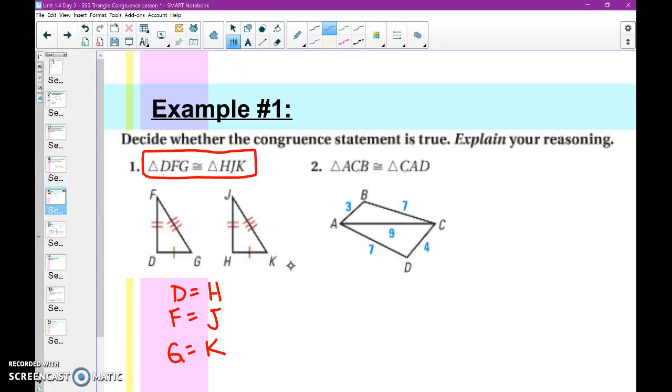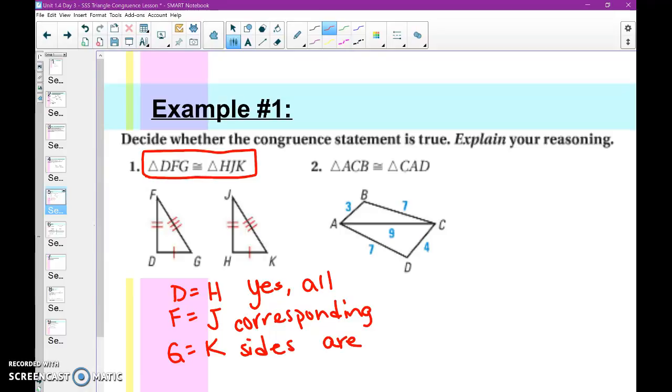Do I have enough to prove SSS? Are all of the sides marked as congruent? Yeah, they are. There's a tick mark here, there's double here, and triple here. So yes, all corresponding sides are congruent.